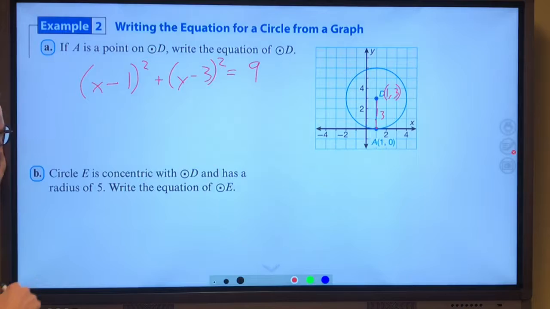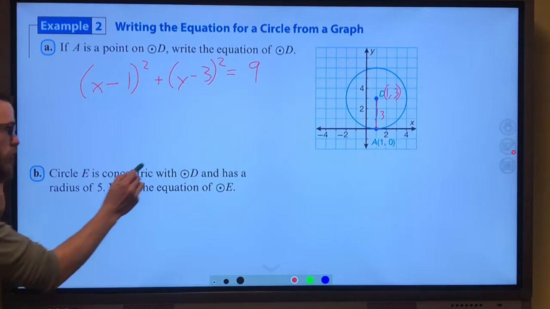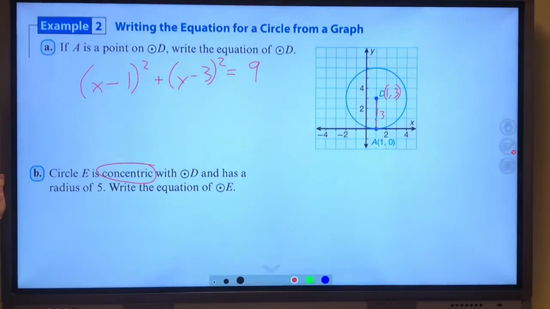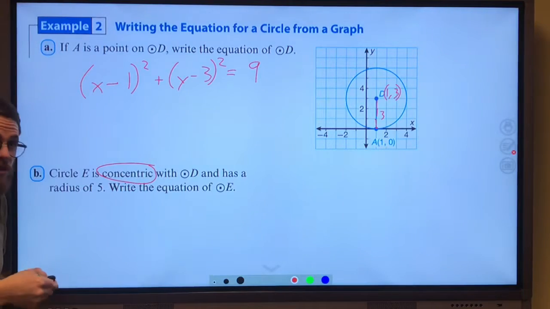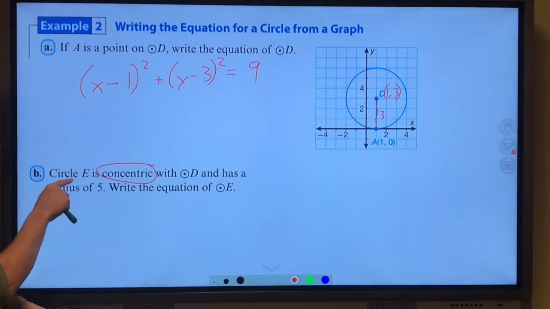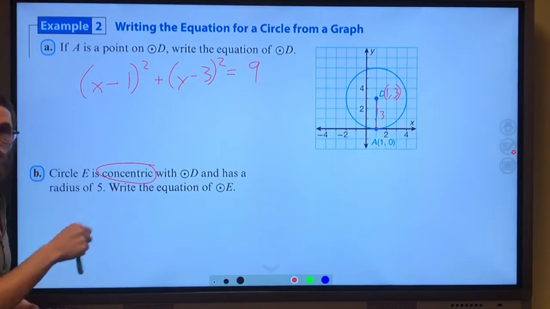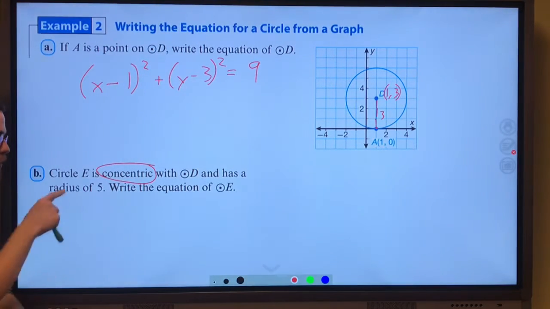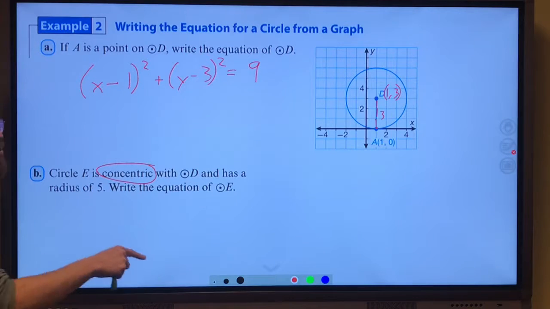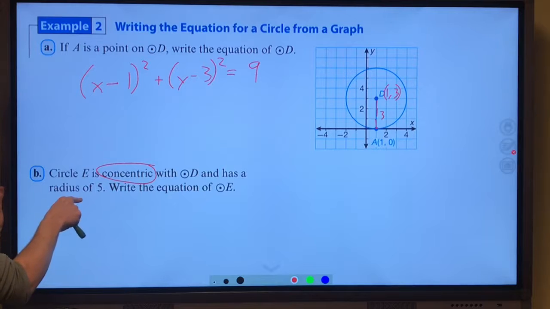The second one says if circle E is concentric with circle D. Concentric means, when we're talking about circles, that they share a center. Circle E has the same center as circle D, which is (1, 3), and this has a radius of 5.